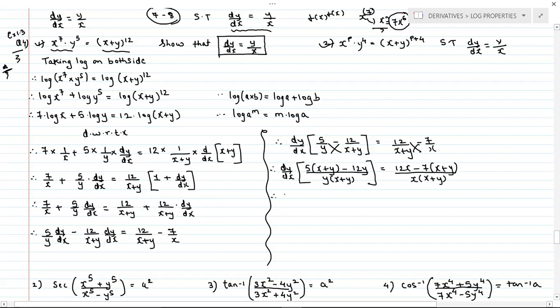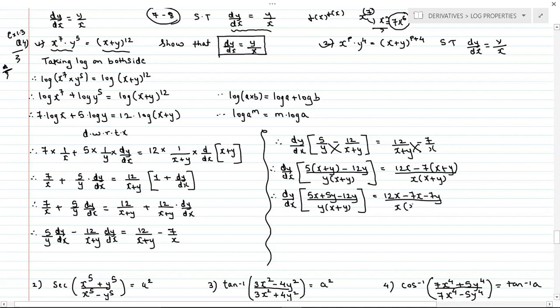Okay, so after this, dy by dx, the bracket expands, so here you will get 5x plus 5y minus 12y upon, we'll keep this part as it is, 12x bracket open with minus 7, so here you will get minus 7x minus 7y.